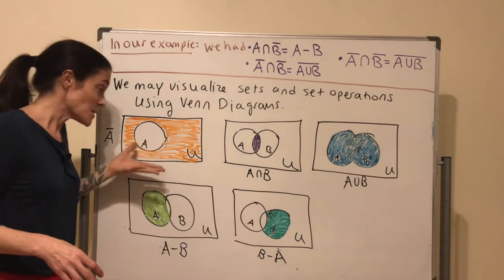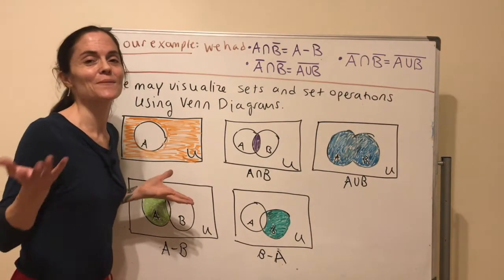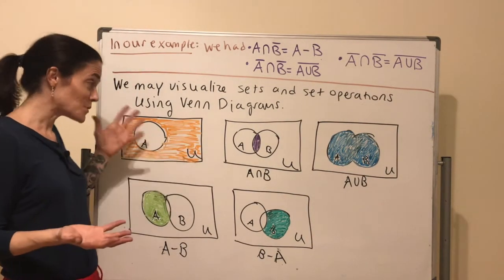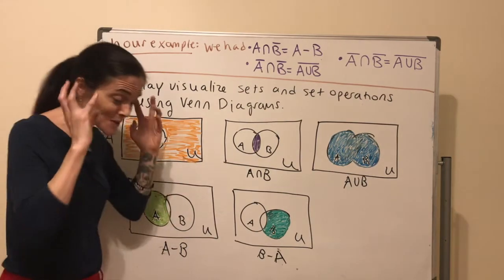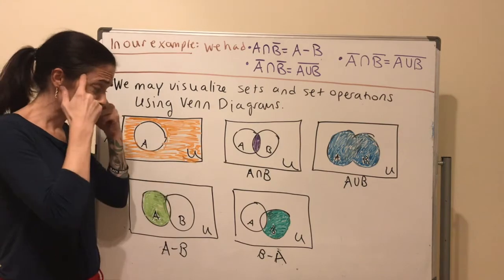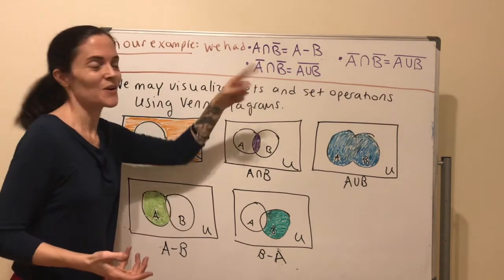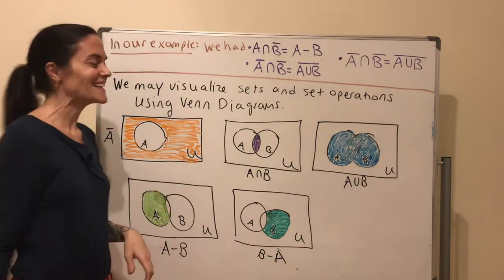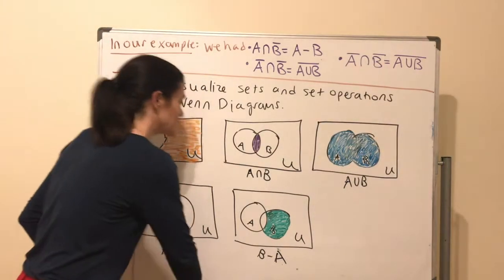This picture is not a set theoretic proof, but for now it gives us this beautiful way to visualize sets, see set operations, and really get straight in our mind what's going on with some of these. Okay, so let's do these now.